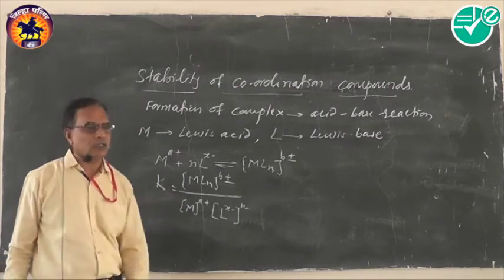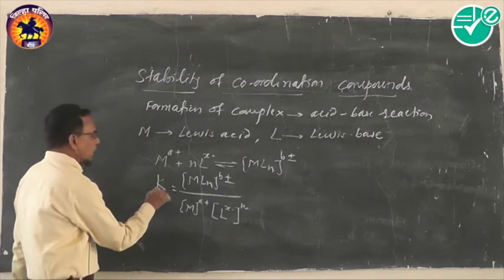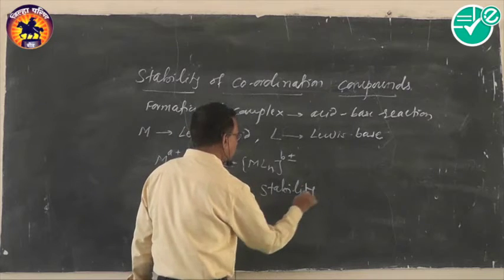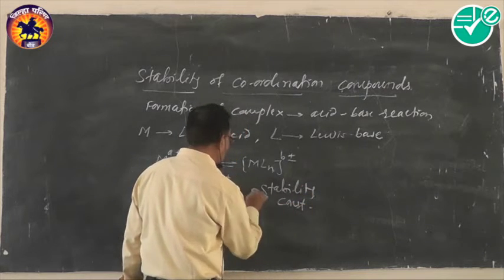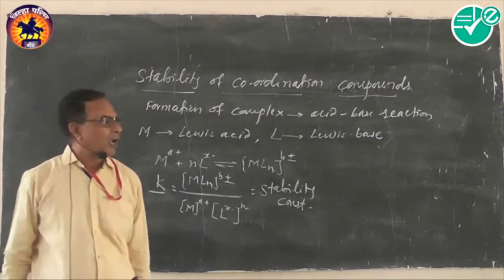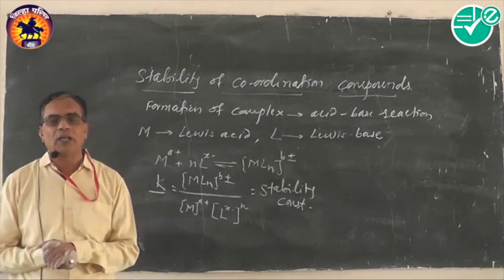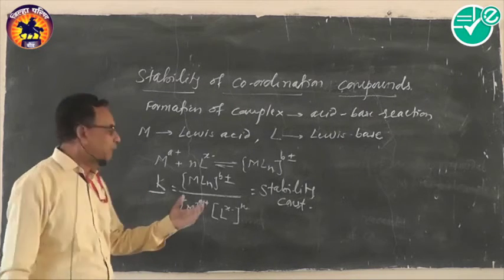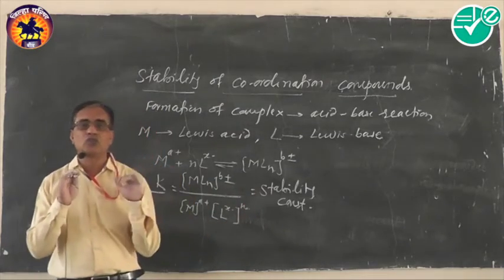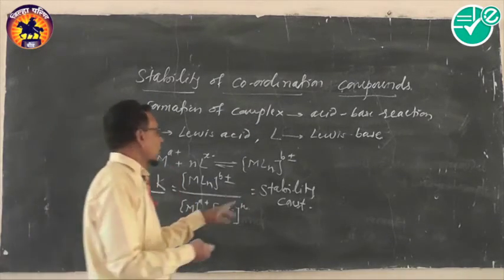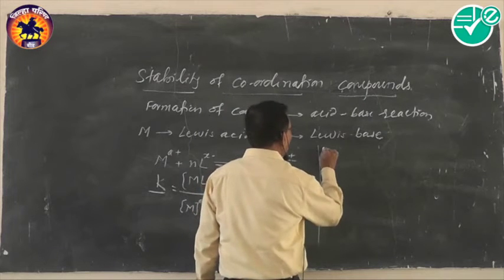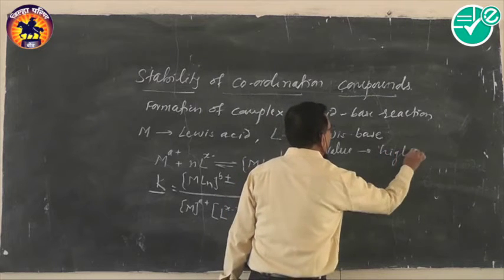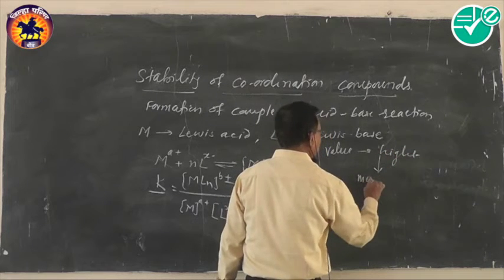This equilibrium constant is considered as the stability constant, and from the magnitude of the stability constant, the stability of complexes is determined. If the value of the stability constant is high, then that complex is more stable.